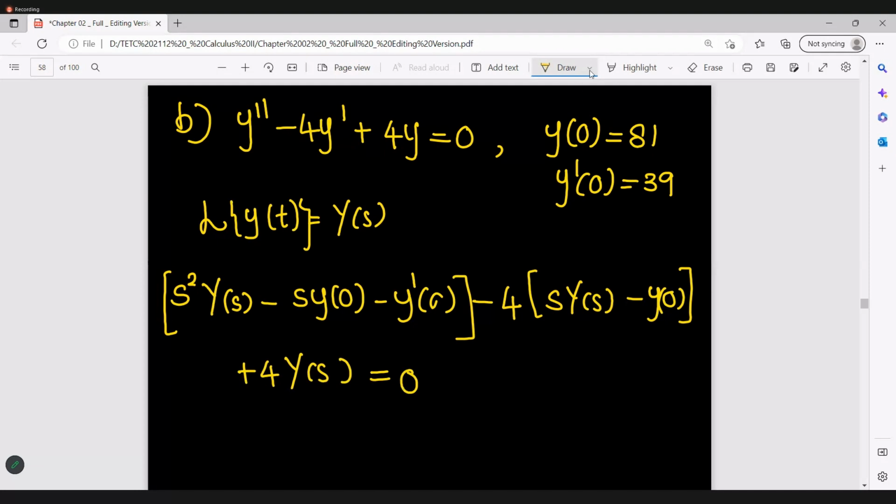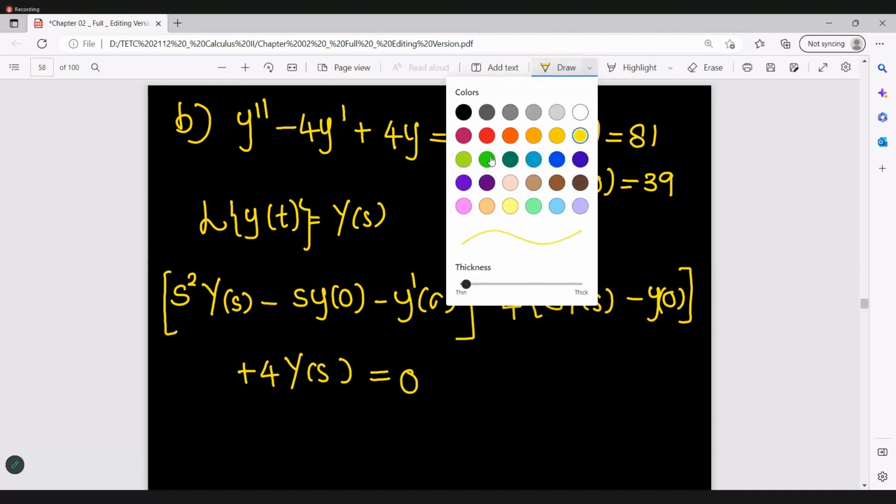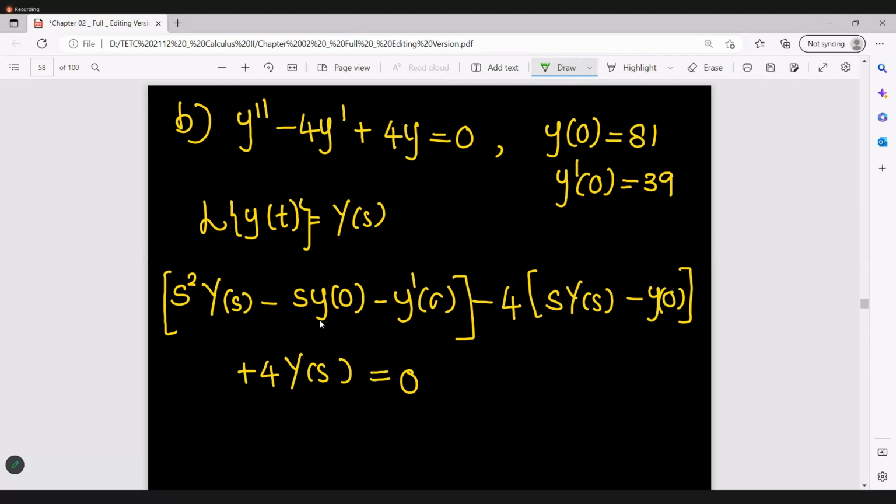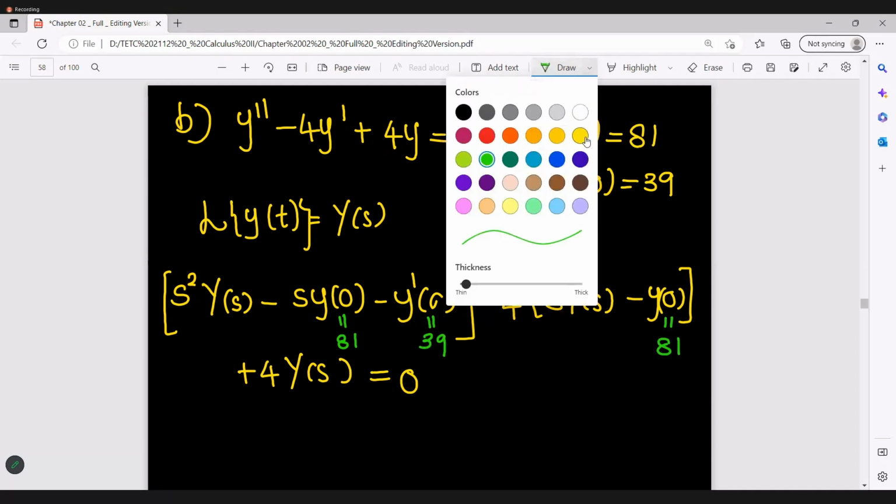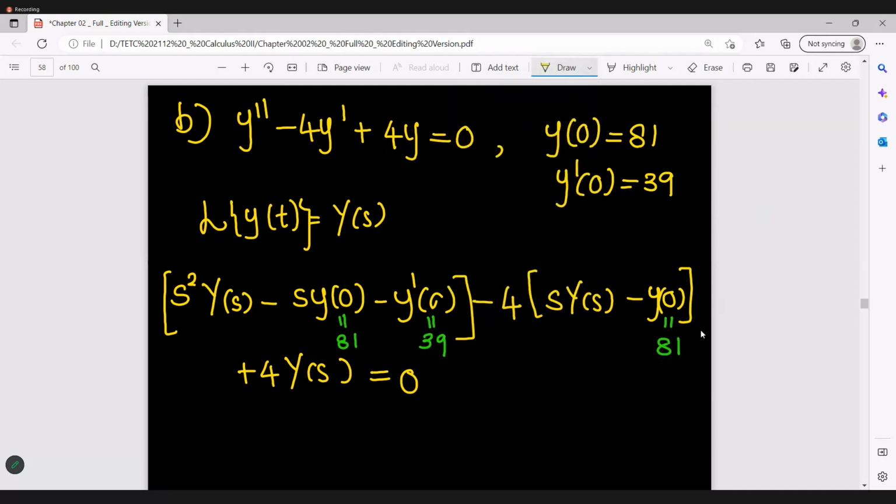So then we have to substitute the respective values. y0 is equal to 81, y dash 0 is equal to 39, again y0 is equal to 81.